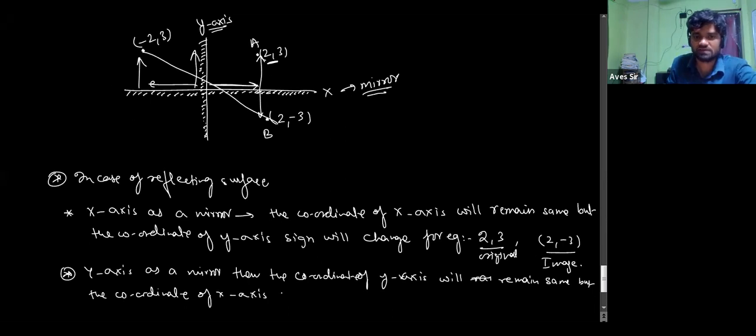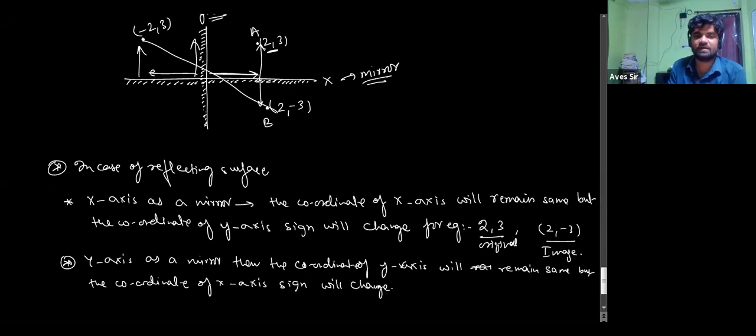So this is simple that you need to keep in mind. For example, if we take the coordinate 2 comma minus 3 as the original one, it will become minus 2 comma minus 3 as the coordinates of the image.